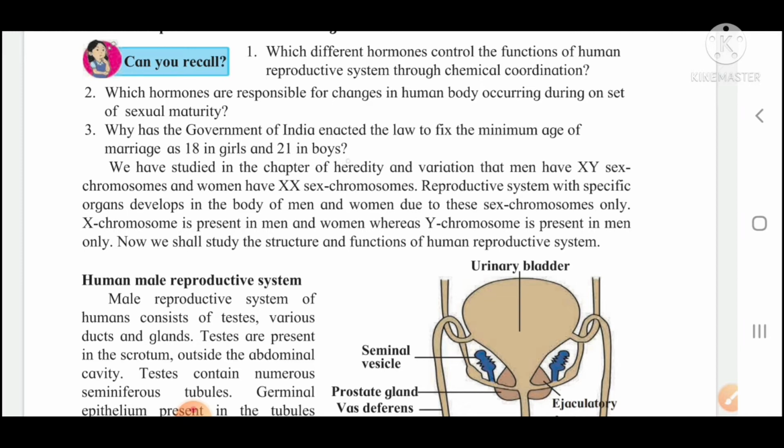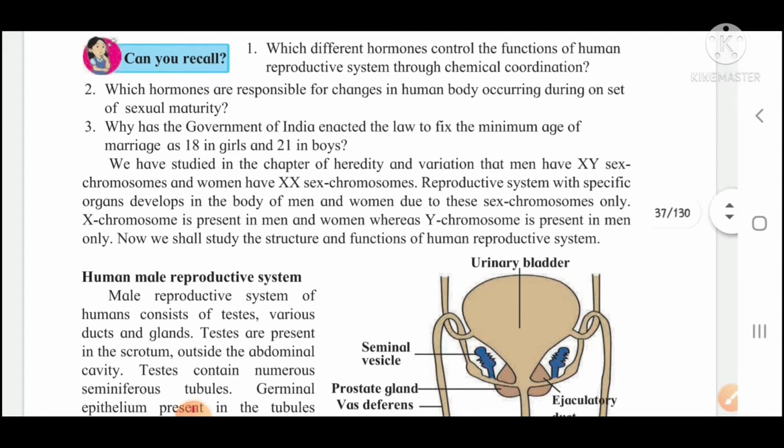Second is progesterone. These types of hormones are there, which occur during sexual maturity. So these hormones you are going to study later in this chapter.